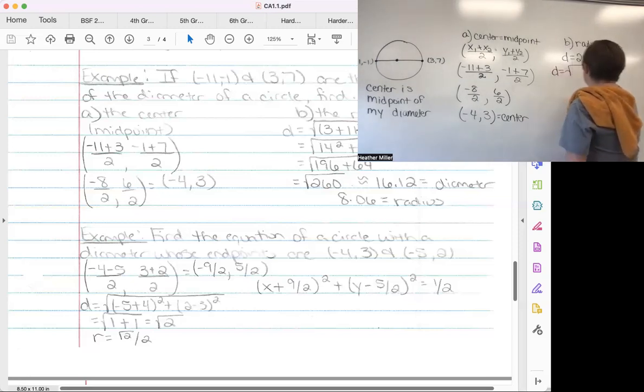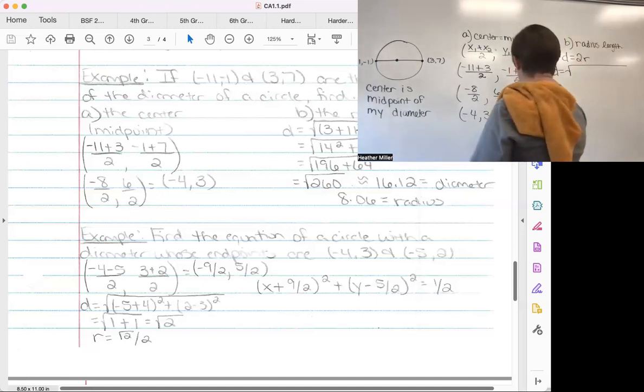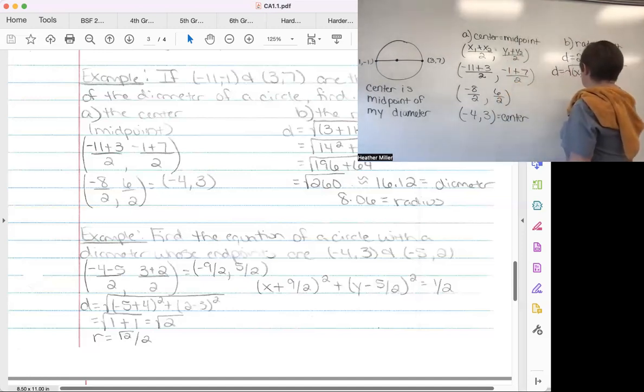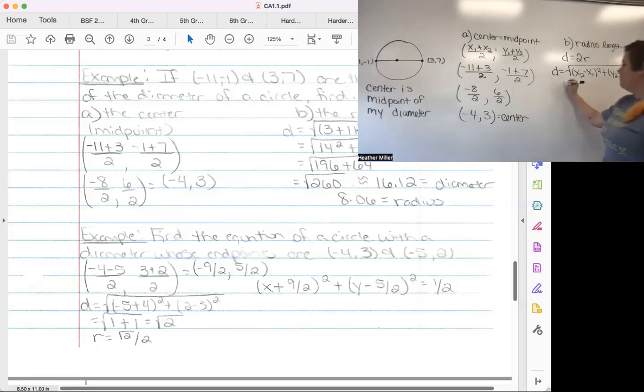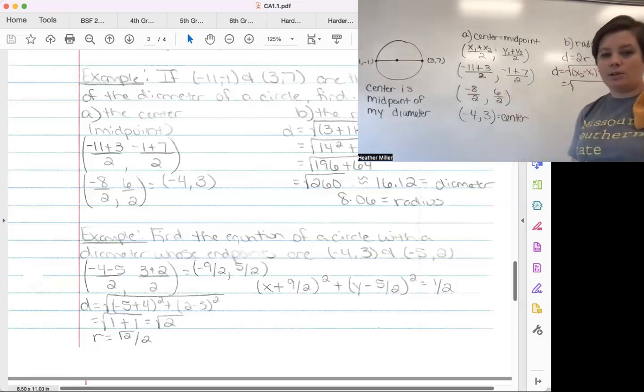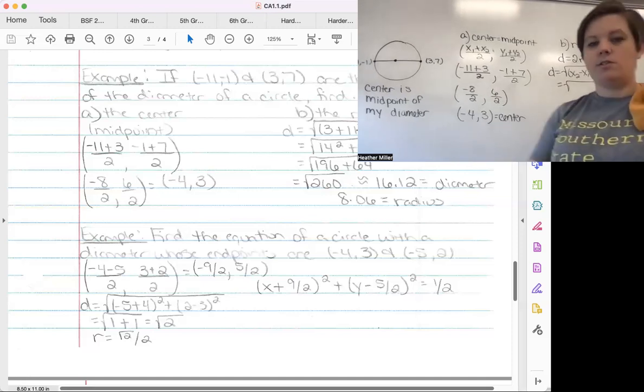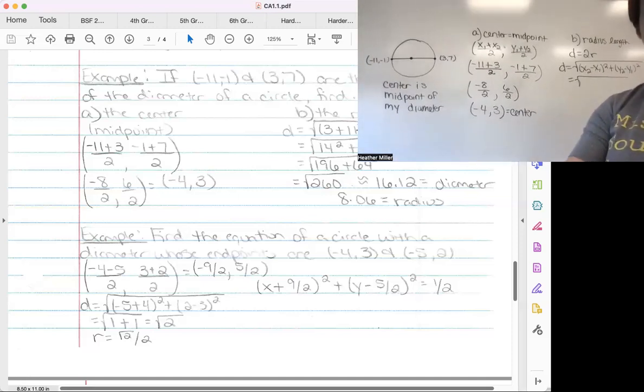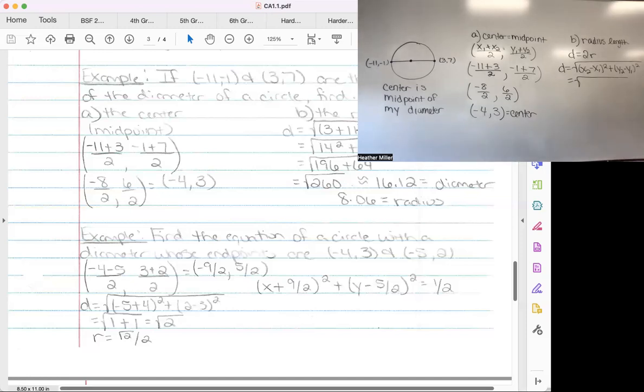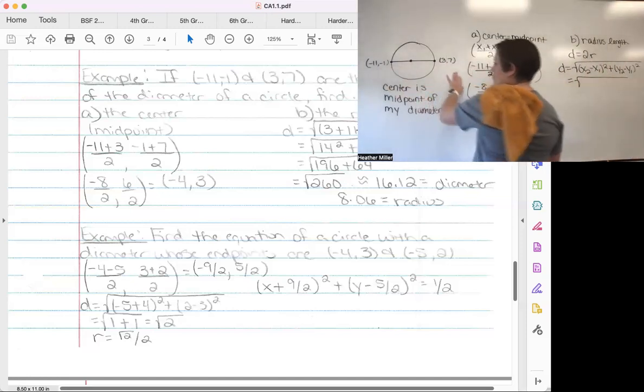So distance equals, I'm going to write it out because I'm going to use it every single time: the square root of (x2 minus x1) squared plus (y2 minus y1) squared. So write it down. And then we plug in the values. I'm just going to go in the way that I wrote it on the board here. So I'm going to say that this is point 1 and this is point 2.